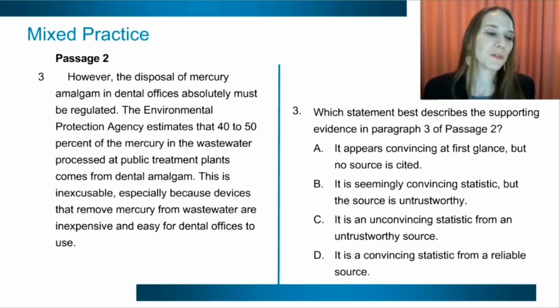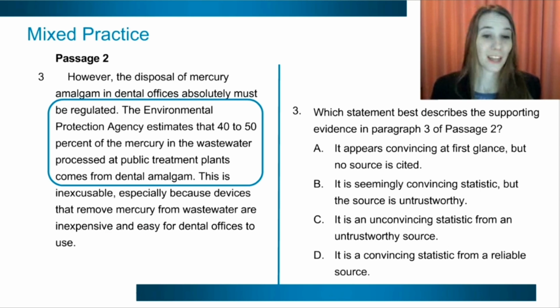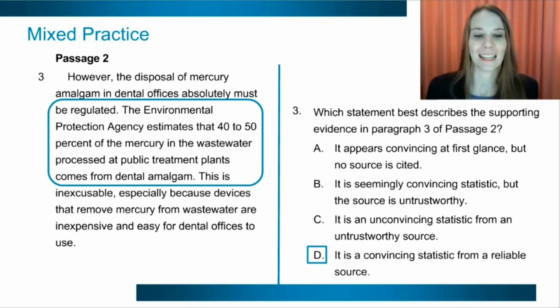Looking back at your notes, you know that this included that statistic from the EPA. So there it is. So what type of evidence is this? Well, it's a statistic, and it's a statistic from an authoritative source. And this matches up with answer choice D. It's a convincing statistic, and it's convincing because it comes from a reliable source. And that's what makes it, in fact, convincing.